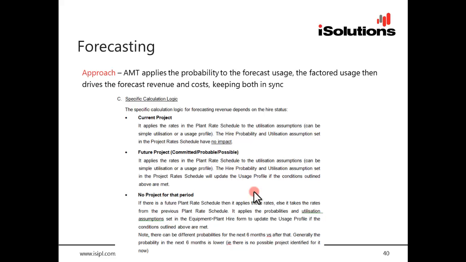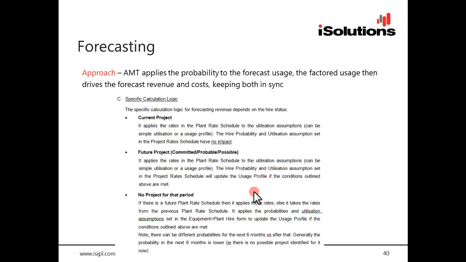The other reason for doing that is current projects, there are guys who are maintaining the equipment now for those projects. They've got their component change out schedules, they've got their assumed utilization set up. They don't want suddenly all these things changing because someone's gone and entered a different probability. So for the current projects, there is no impact of this probability.